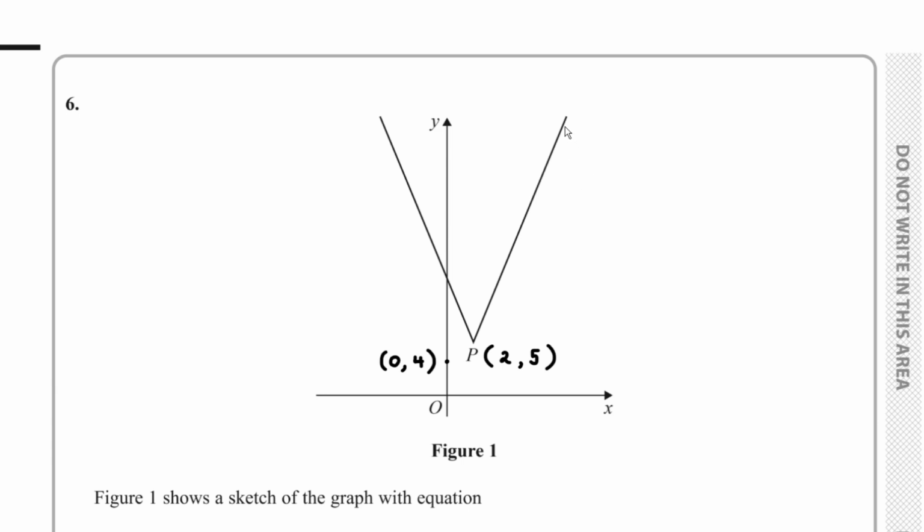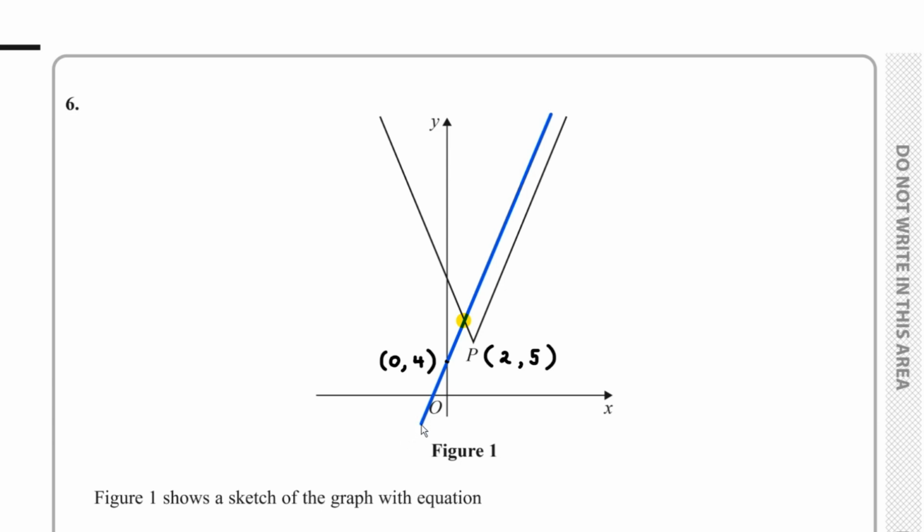Now, if I draw a line parallel to this line segment here, such as the one here, we can see we have one point of intersection. So anything with a gradient less than this will give us 2 points of intersection.